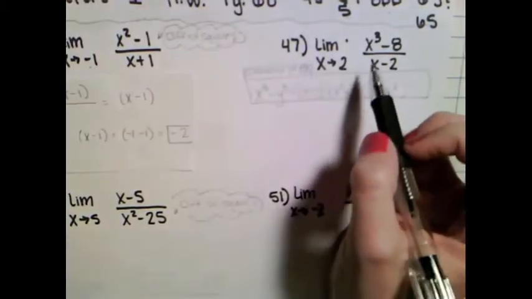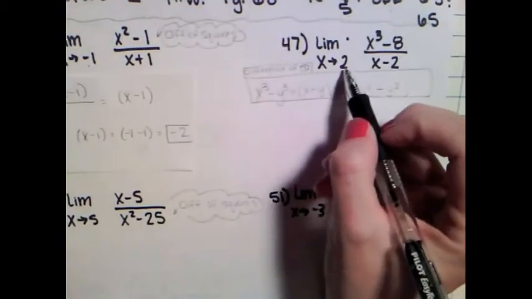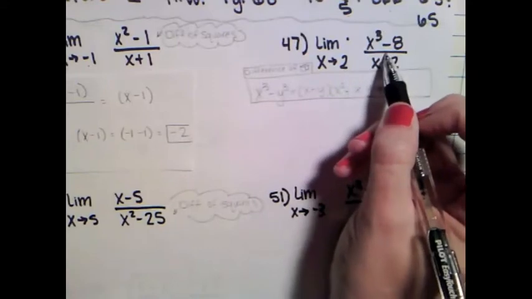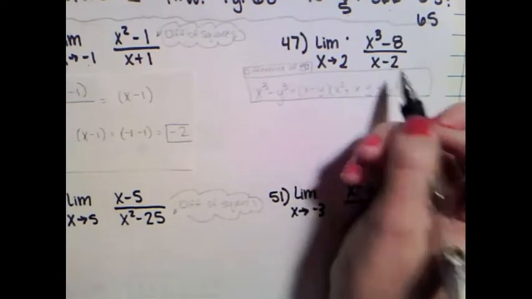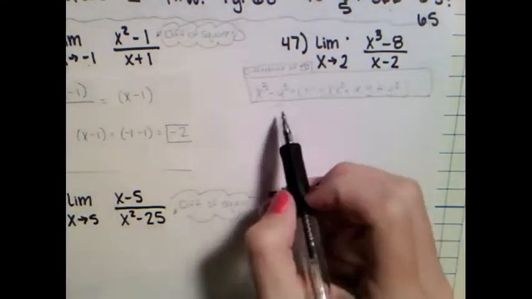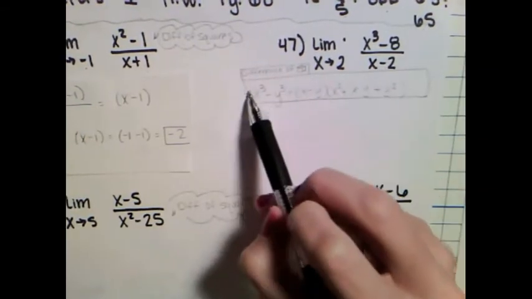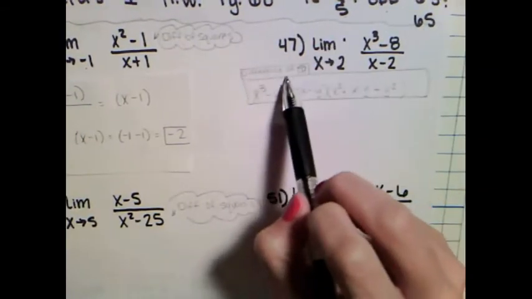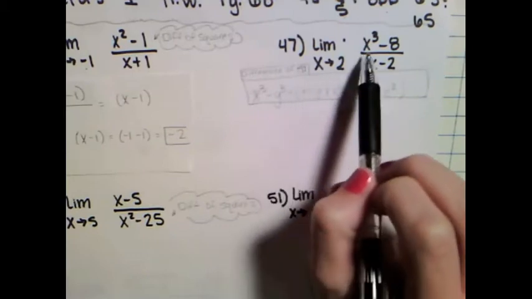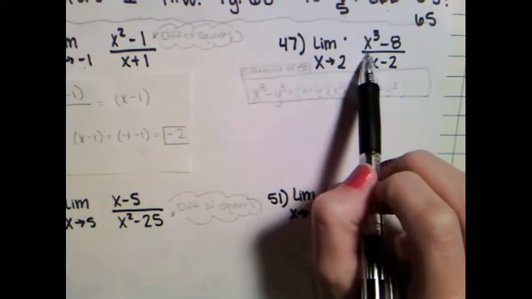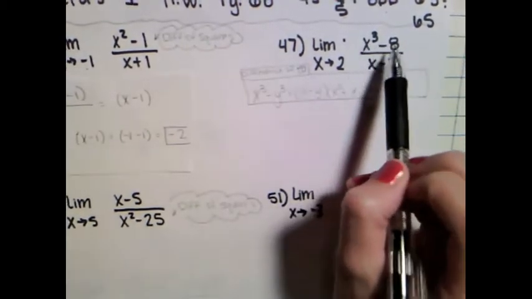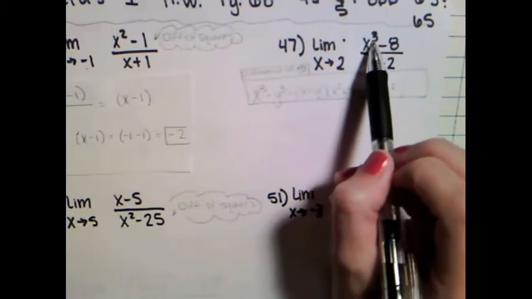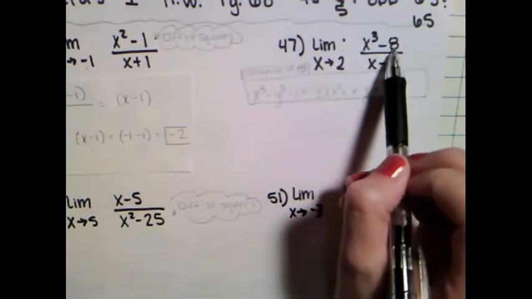Number 47, we're taking the limit as x approaches 2 of x cubed minus 8 over x minus 2. Now I wrote down the form for the difference of cubes because we will have to factor this, and I can see in my numerator that I have something that's cubed minus something that's been cubed.